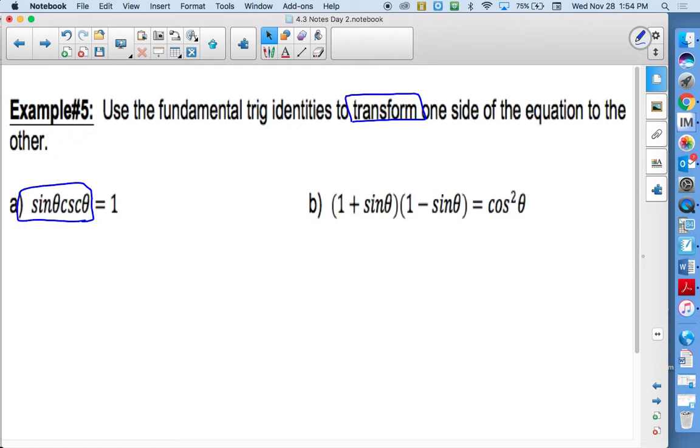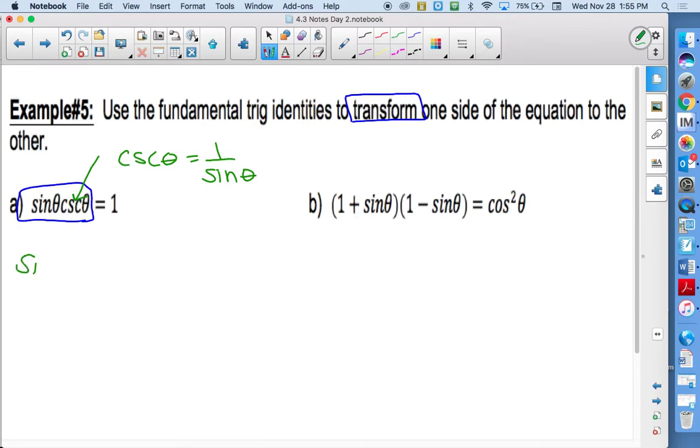You can make cosecant theta just 1 over sine. So one of the reciprocal identities says the cosecant is equal to 1 over the sine. So we can use substitution, take out the cosecant, and replace it with 1 over the sine. Substitution enables us to take a piece out and replace it with whatever it's equivalent to.